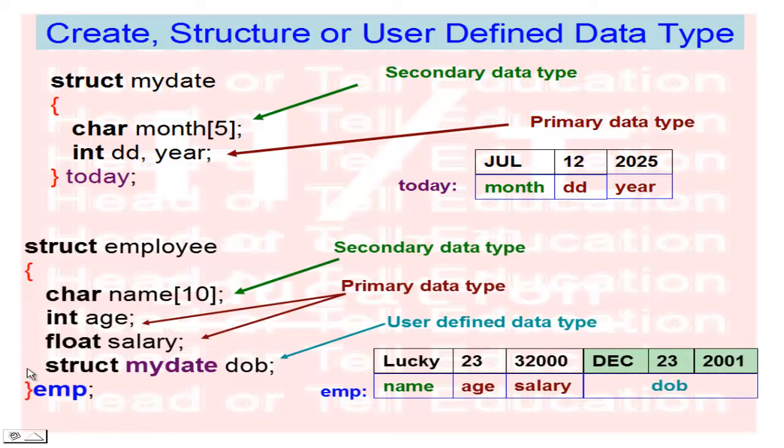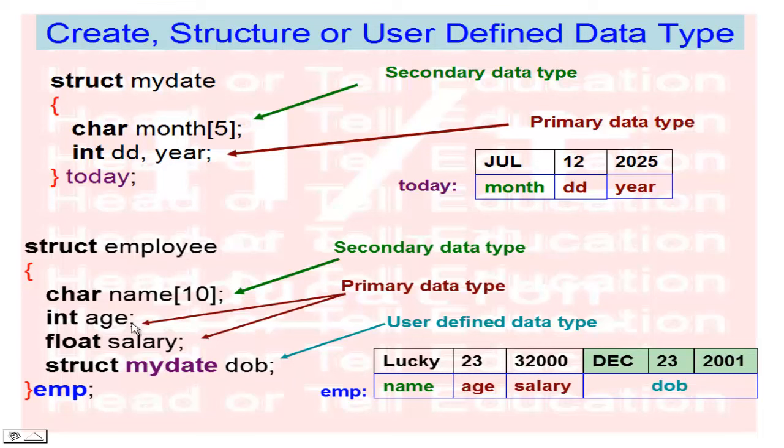Now another example: I have created a user defined data type or custom structure, employee. The employee name is a secondary data type which is an array, age is a primary data type integer, salary is a primary data type float, and a custom data type or user defined data type variable, struct myDate, which is the date of birth.